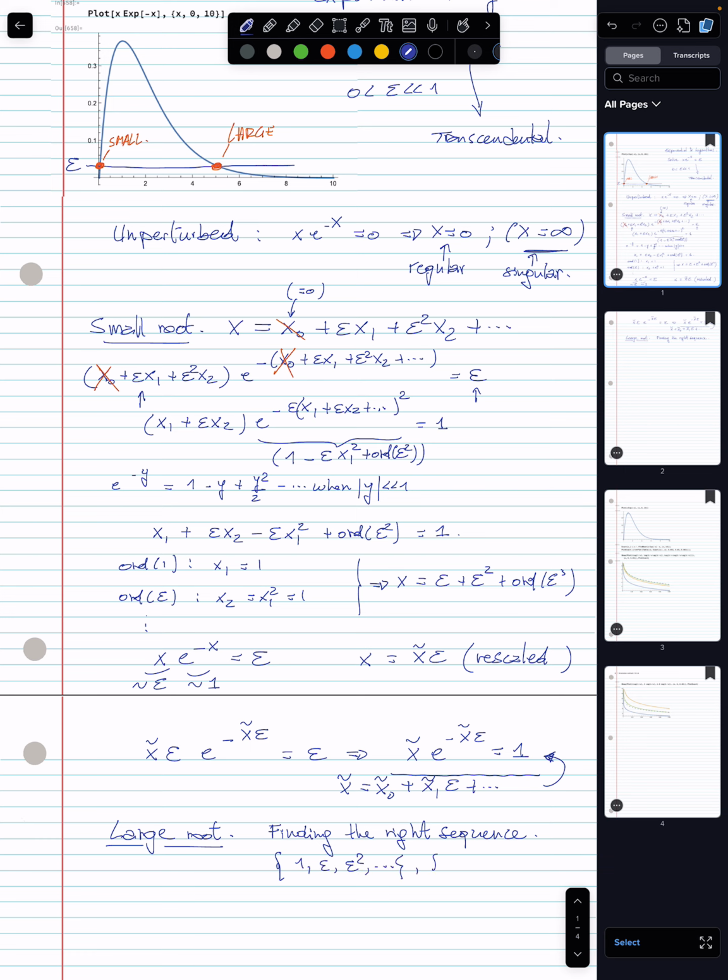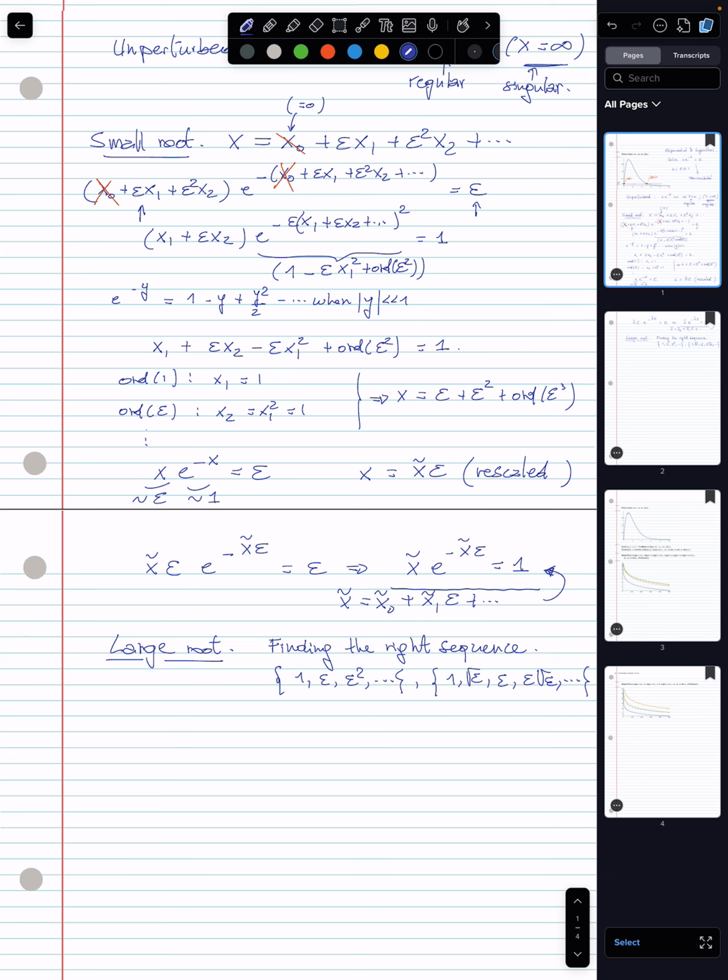Or a sequence with non-integer powers. Sometimes that also happens, right? And we even did something a little bit more complicated in some of the videos where we have the fourth root and we have also epsilon powers with fractional numbers, right? But you'll see here that the sequence we need is even more nasty, especially when you meet this kind of problem for the first time. And basically the only approach that is available here in order to get a sequence is the iterative method.